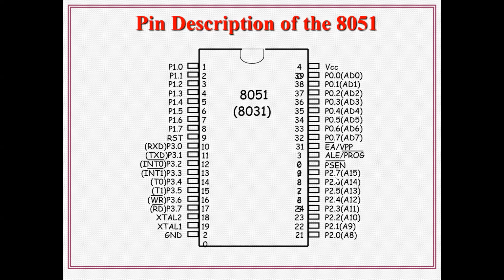The next pins are port 2.7 to 2.0. The higher order address bus is available on port 2.0 to 2.7. So this is the 8051 microcontroller pin diagram.